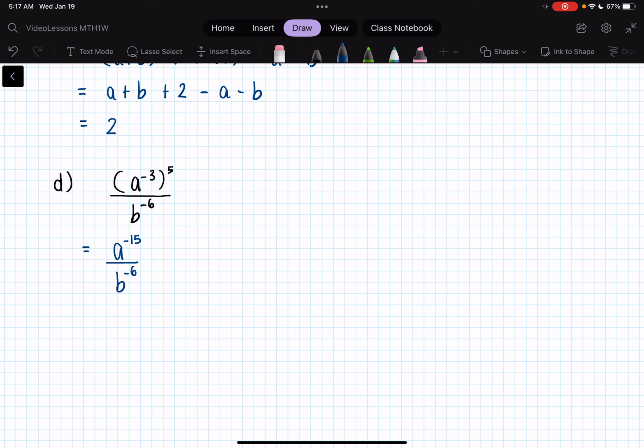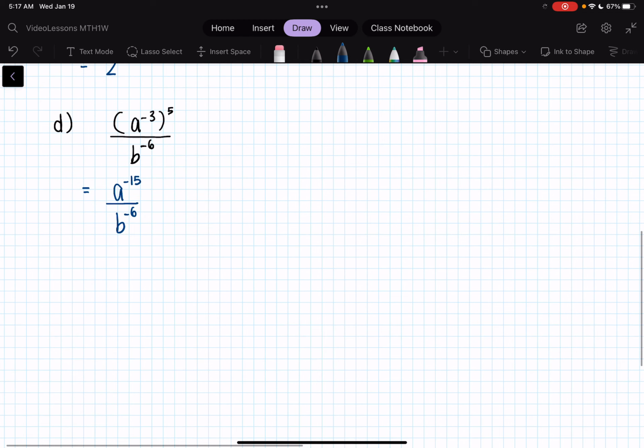And I'm not doing anything with my denominator. Now I have a base at the top with a negative exponent, so that base has to go to the denominator. But in the denominator, I have a base with a negative exponent, so that's going to have to go up to the numerator. And that will be your final answer.